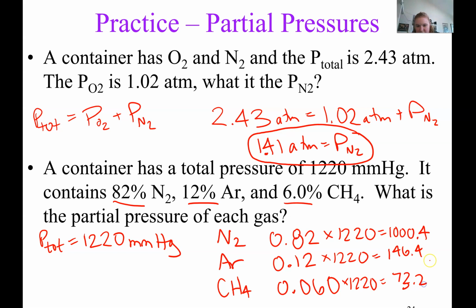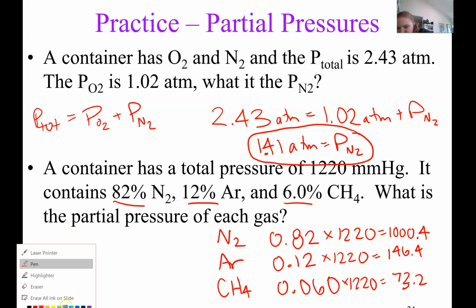I'm going to erase my total pressure over here. So I'm going to rewrite these with sig figs and units. So looking back, the percentages each have two significant figures.